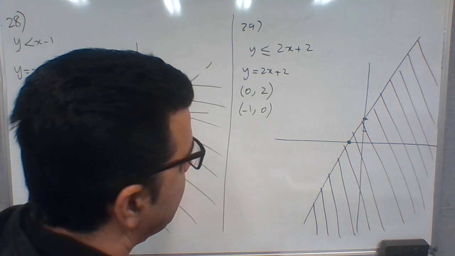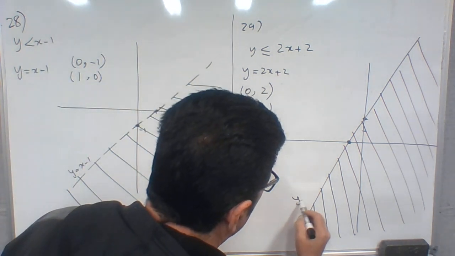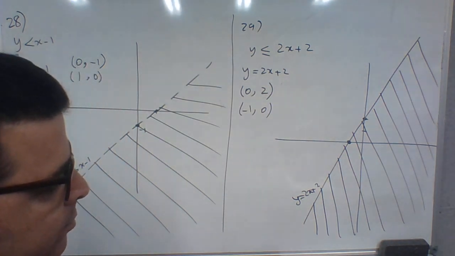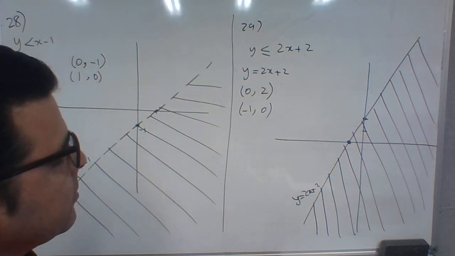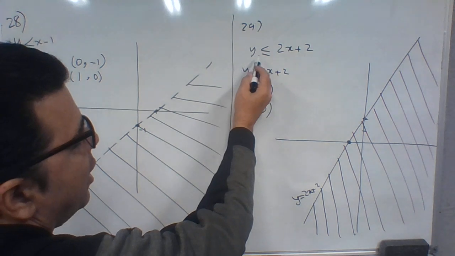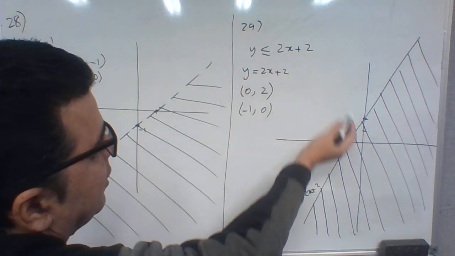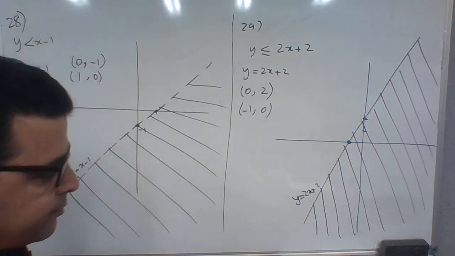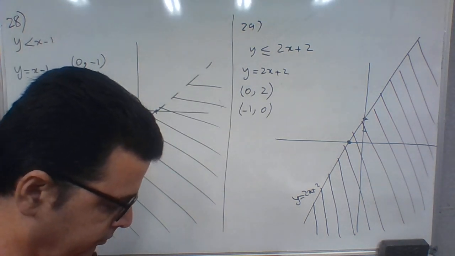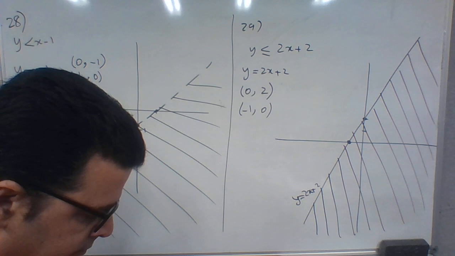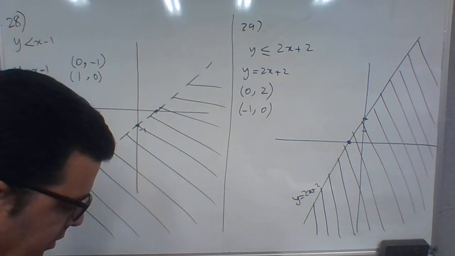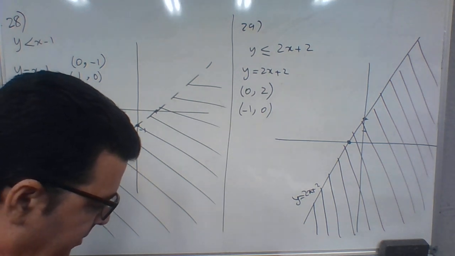This is y equals x plus 2. If it was y greater than x plus 2, then it would go to the upper y's. Okay, this was problem number 29. Let's go to problem number 30.